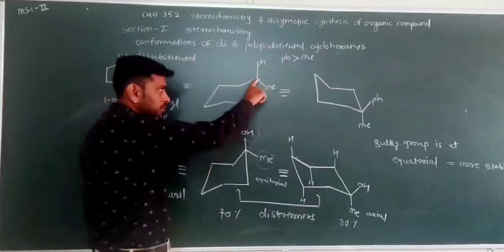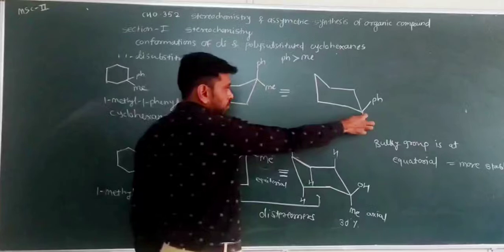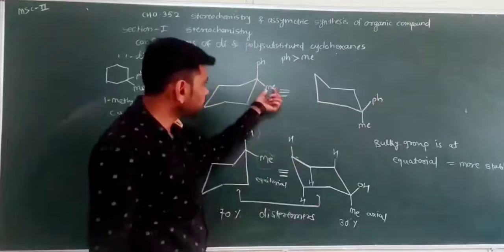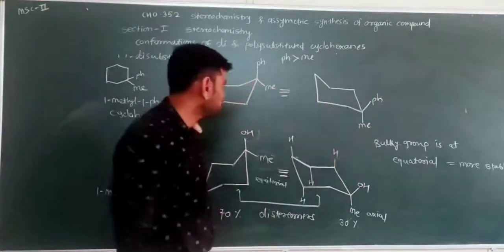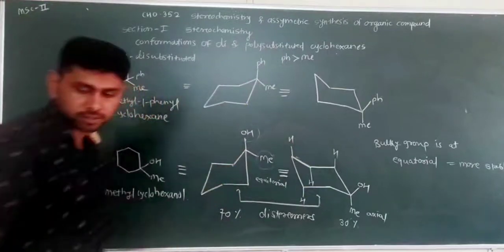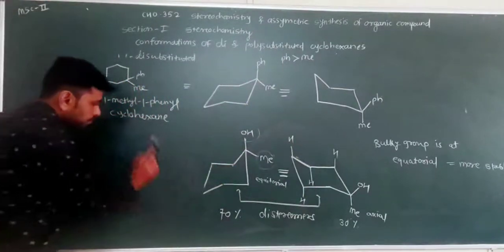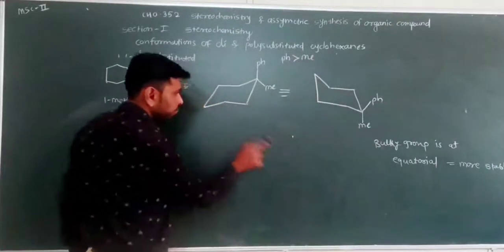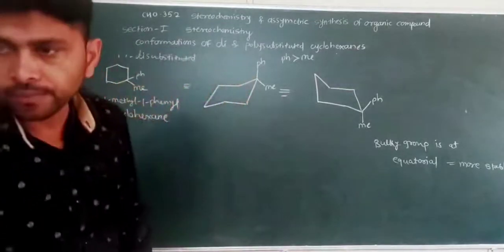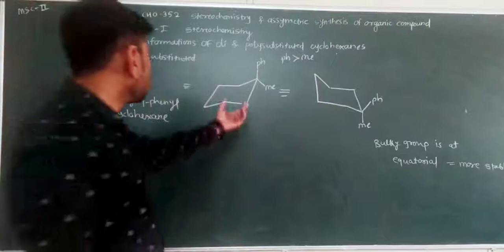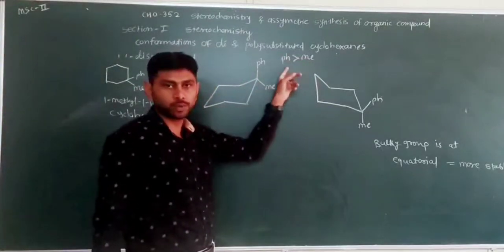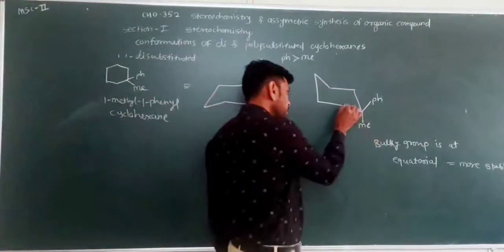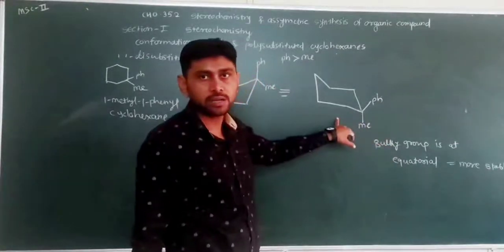We have written the up group, phenyl, on the upside, and the down group, methyl, on the downside. Our rule is that when the bulky group is at the equatorial position, the structure is more stable. The bulky group here is phenyl, so the expectation is that this second conformation is more stable.